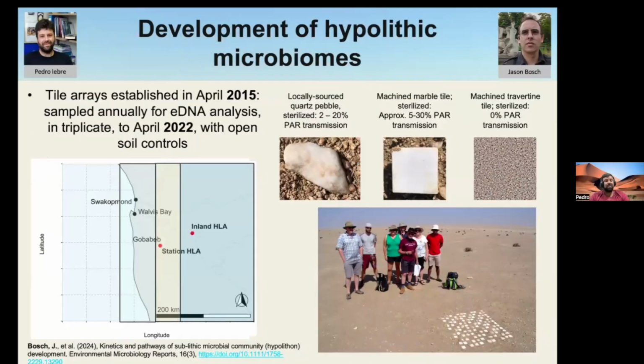In the case of hypoliths, again, it's much more tricky to do a similar experiment for many reasons, but one of those reasons is the fact that hypoliths are very heterogeneous communities. Because the rocks they are supported on are not the same, you don't find the same rock represented everywhere. You will find that these communities are often very heterogeneous.